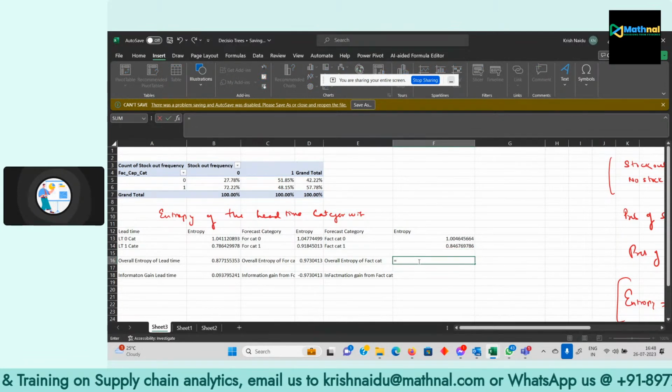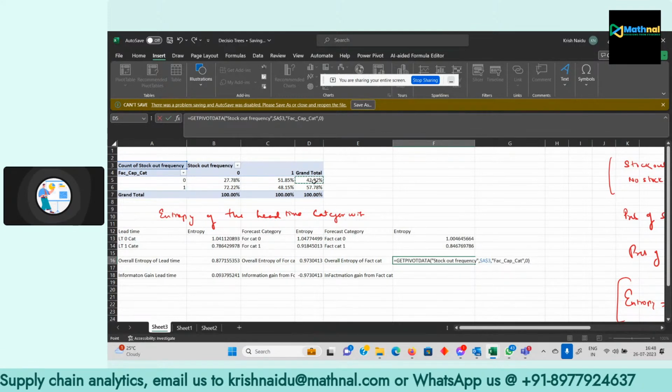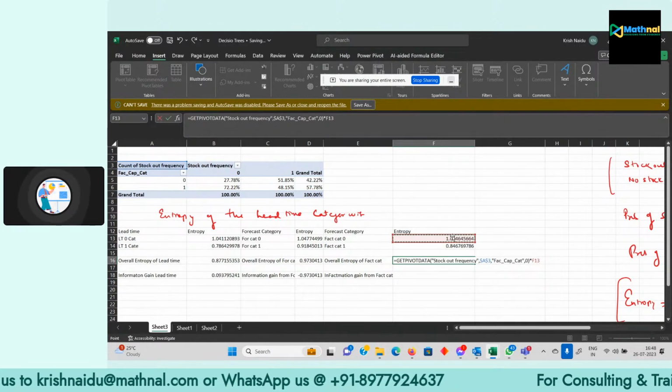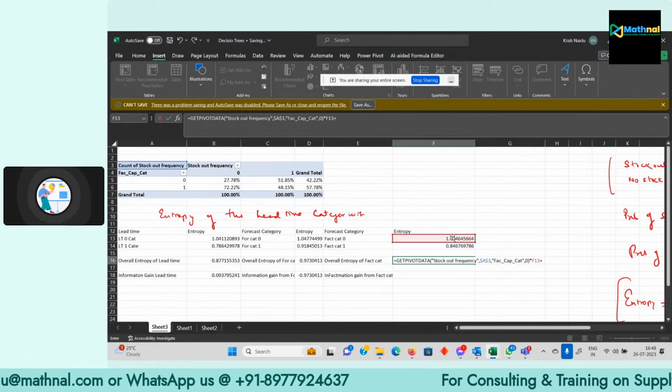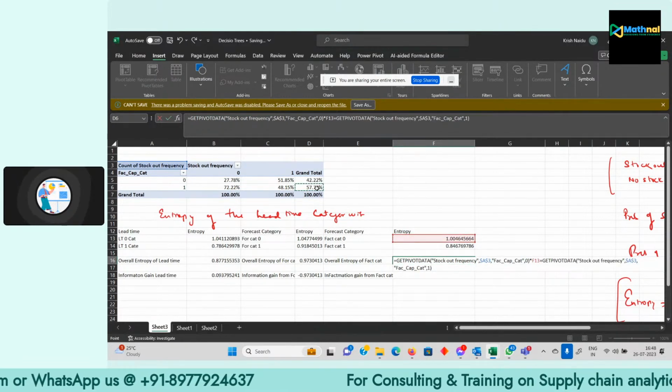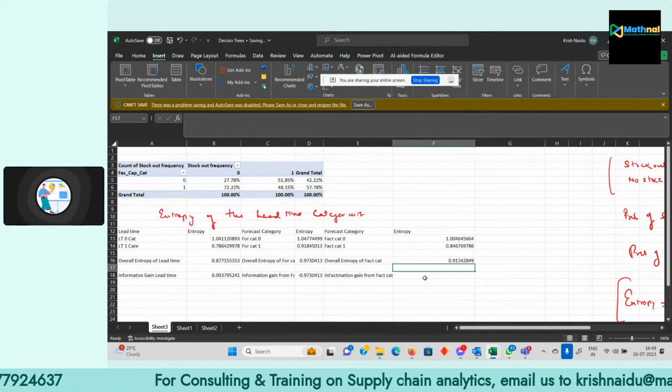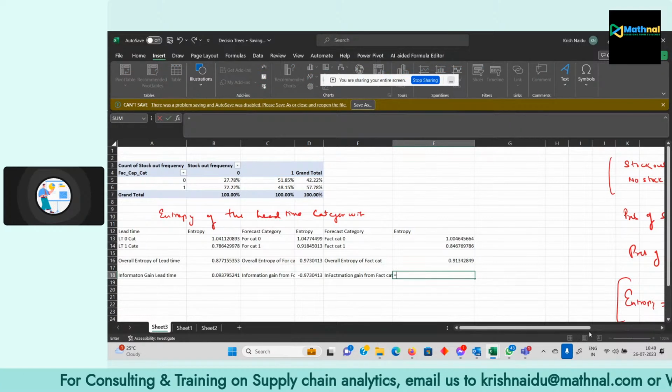Overall, now we're going to measure the overall: this into this, plus this into this. So this is the overall. Now we're going to measure information gain.